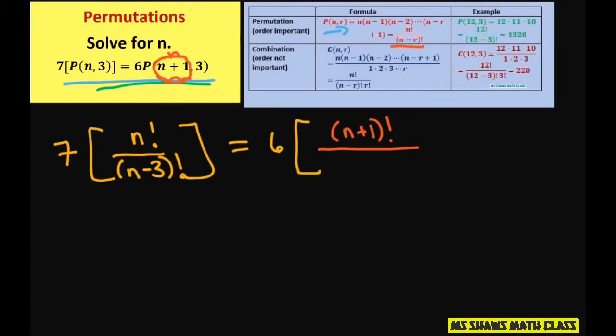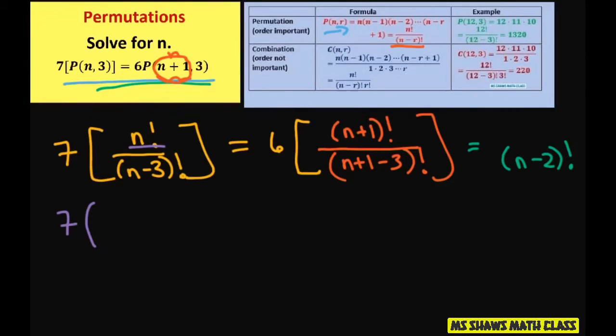So you're going to write n plus 1, because you have to make sure these match, and then subtract the 3. And then that's going to be factorial. Now, the denominator is going to end up being n minus 2 factorial. So when we expand this a little bit, n factorial is just, and our denominator is going to be n minus 3 factorial.